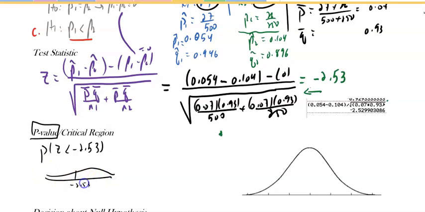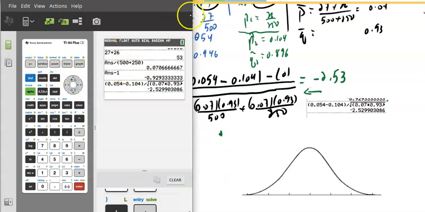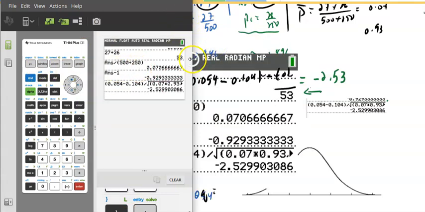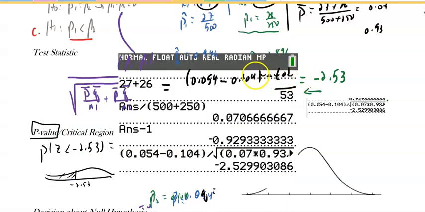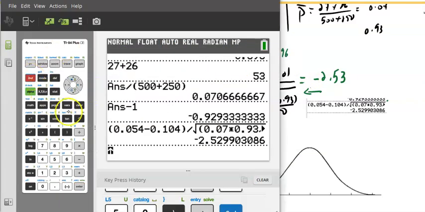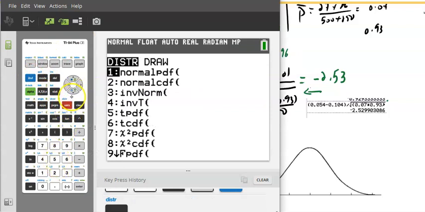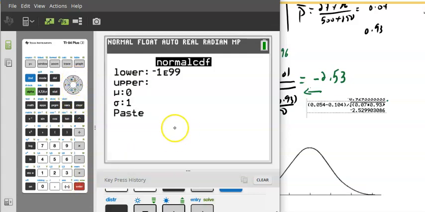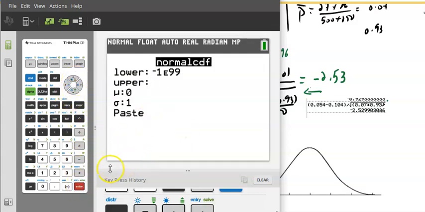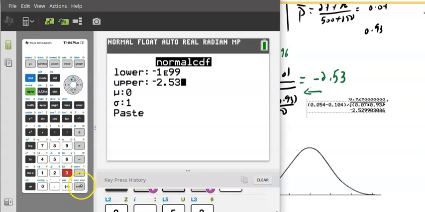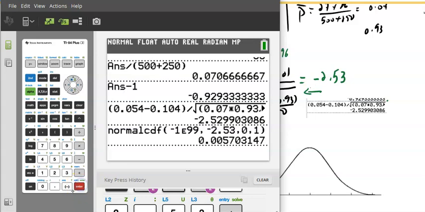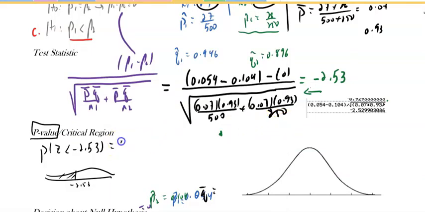There's negative 2.53, and I'll go for a distribution, and we're going to go for normal CDF, with lower negative 1.99. The upper is really negative 2.53, if you remember. And what's the probability? Let me copy that down.